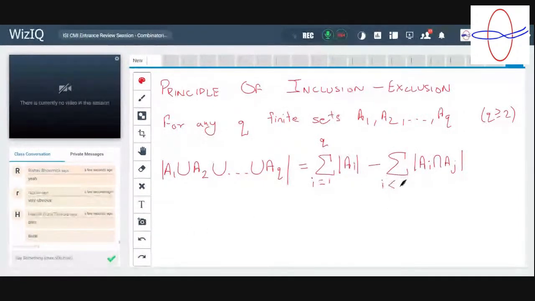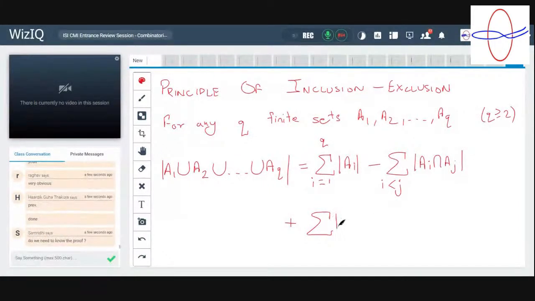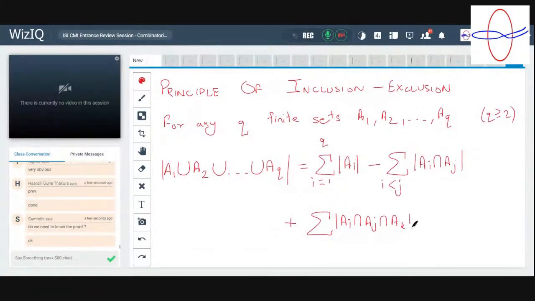So you need uniqueness, so you can write this here, that ensures uniqueness. And then so on. And the general, or rather the last term, I guess, is this: intersection over all of them.